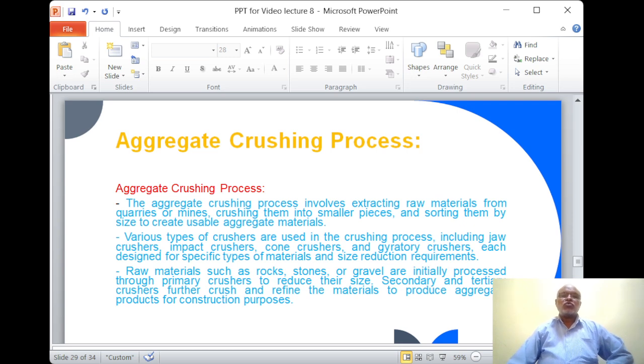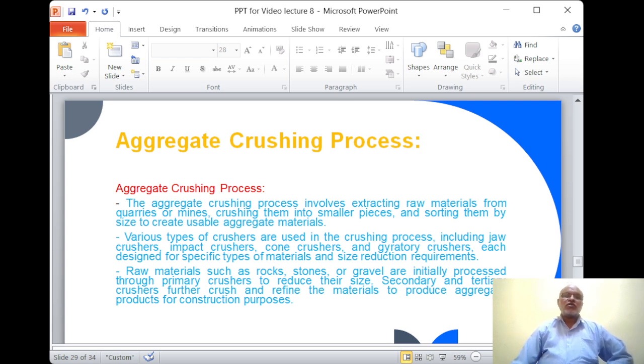They make adjustments to the settings of the crusher as needed. Once aggregates reach the desired size, they are loaded onto trucks and transported to the construction site. This crushed aggregate will be used in concrete, asphalt, and other construction projects, providing strength and stability to the structure.